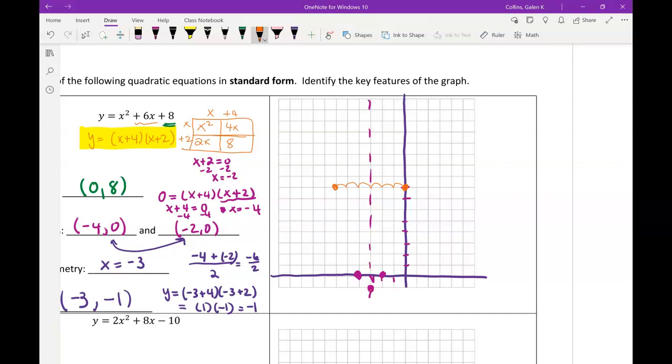We could use our pattern where a is 1 to find other points if you wanted to. So again, over 1 up 1, over 1 up 1, 2, 3. And then it should track that this last point is over 1 up 1, 2, 3, 4, 5, which it is. So we could use that pattern to check our work. Since a was 1, we know what to expect. All right, so we get this.